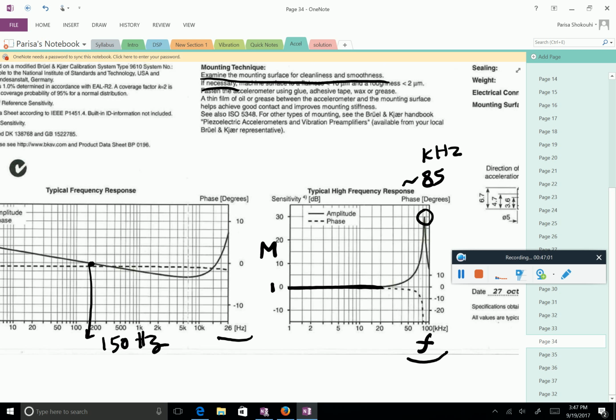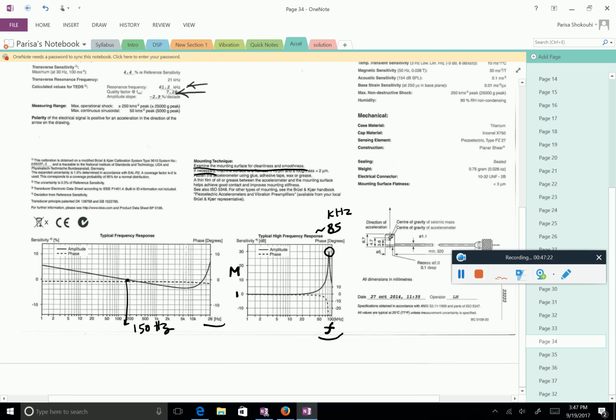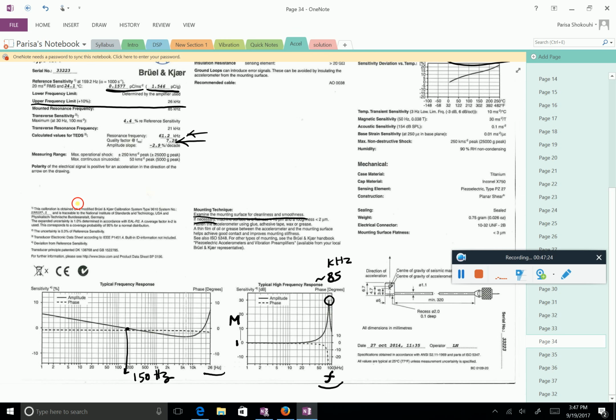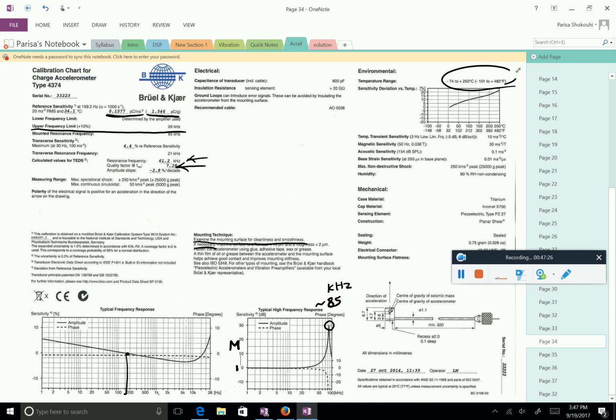So this becomes very important. But the natural frequency, normally you don't. What they have here is what is useful for applications, and it is mounted, I think. There is no other resonance, so that's the resonance frequency that they measure.